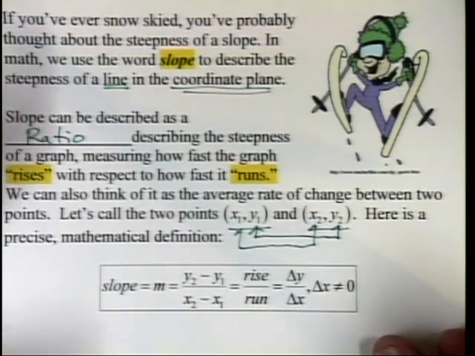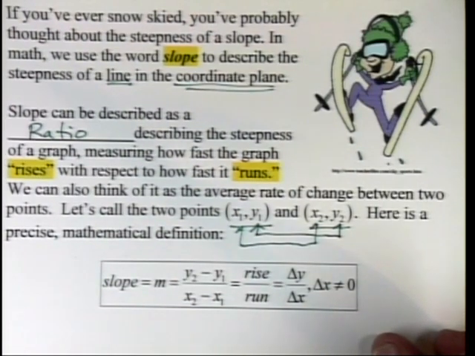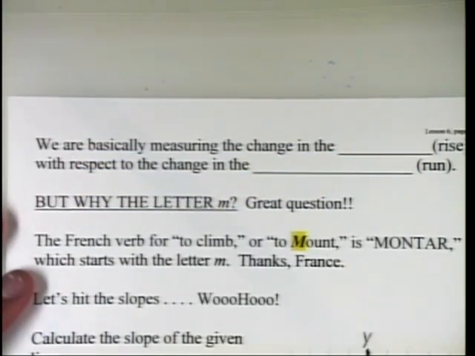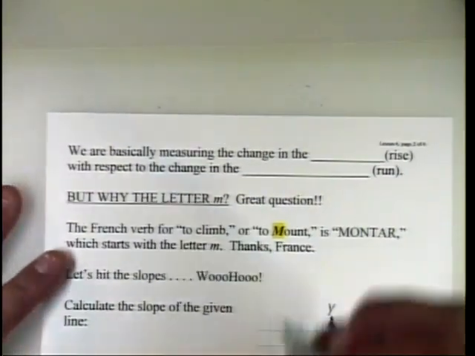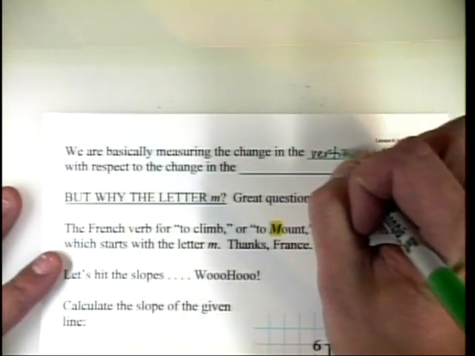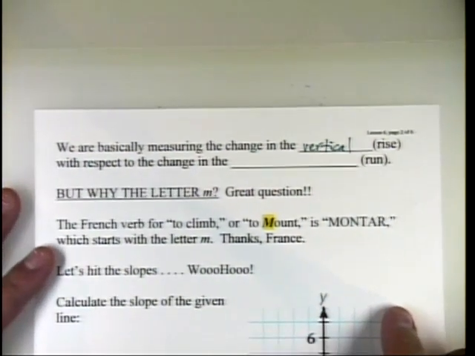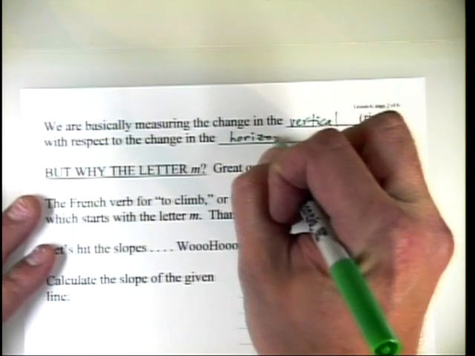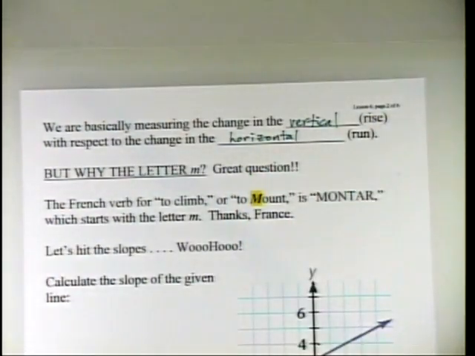Bad things happen when we divide by 0, and we'll get a chance to do that later on in this episode. So when we take the slope, we're basically measuring the change in the vertical with respect to the change in the horizontal. Okay, so vertical is rise and horizontal is run.